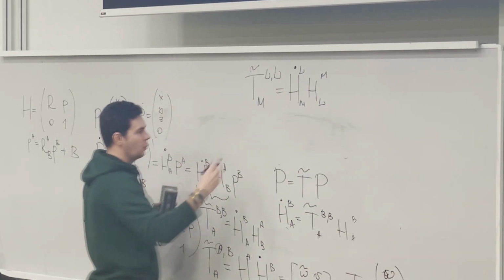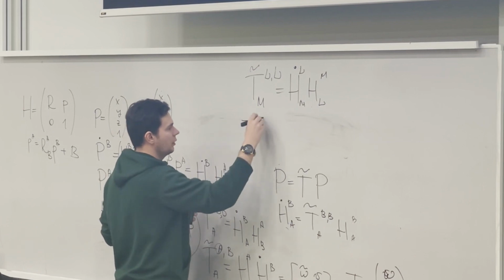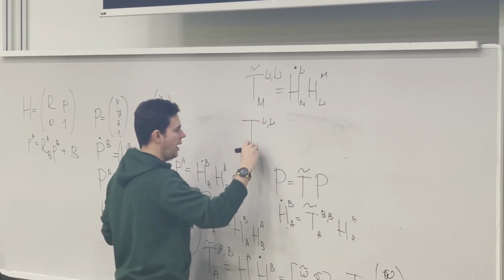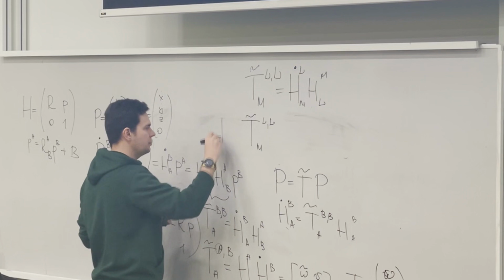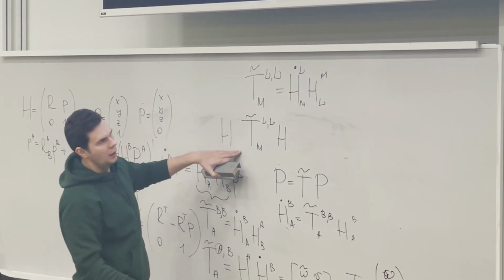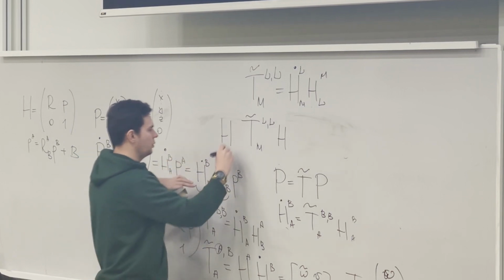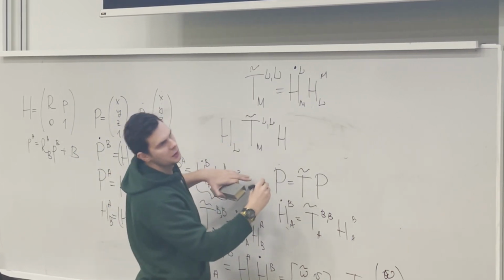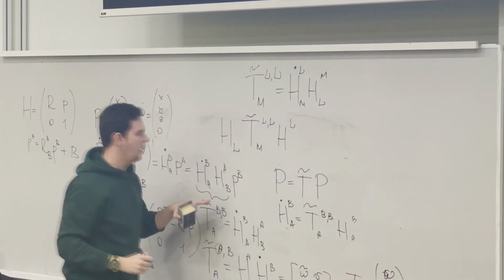Now we can do the following. L, M. If you multiply it with the two H's, here it will be L, here it will be L.